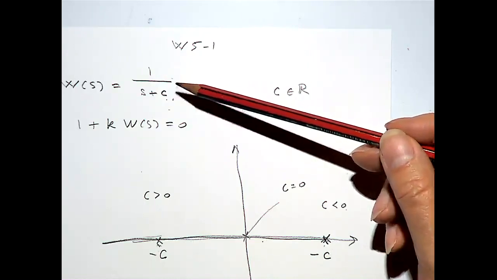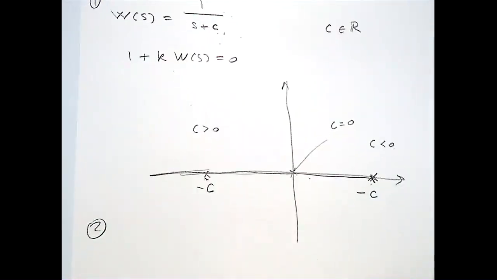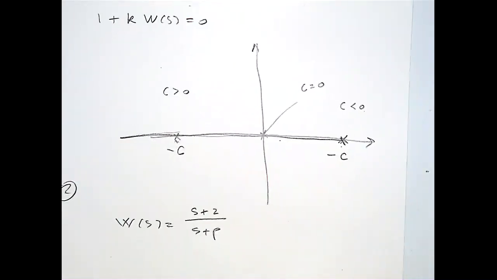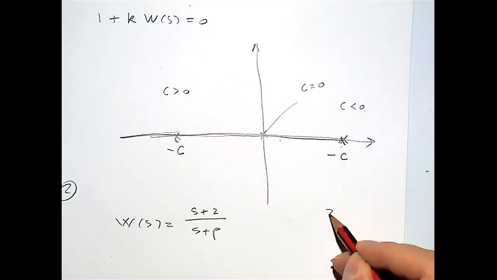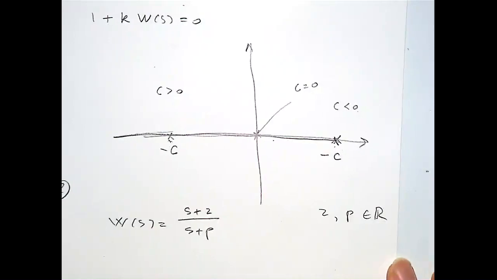All right. So this is, let's say, the first example. How about the second example? Now W(s) is equal to (s plus z) over (s plus p), where z and p can again be any real numbers.